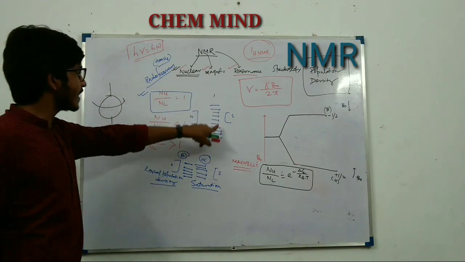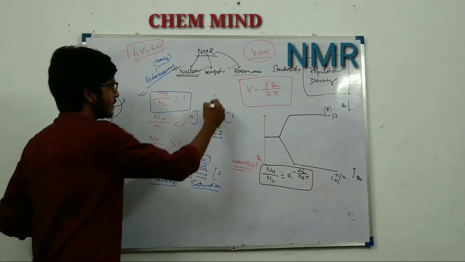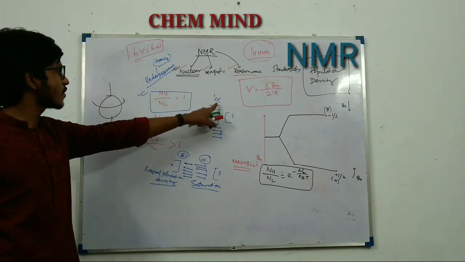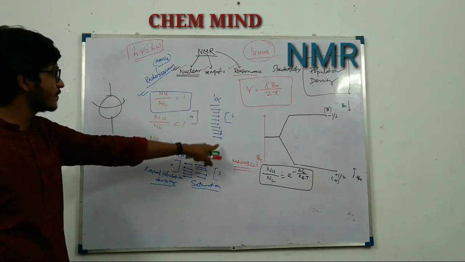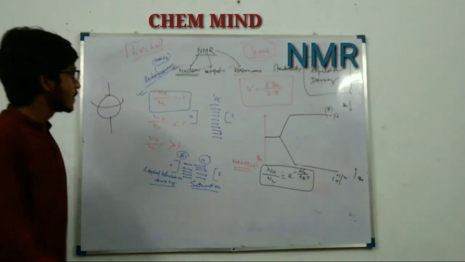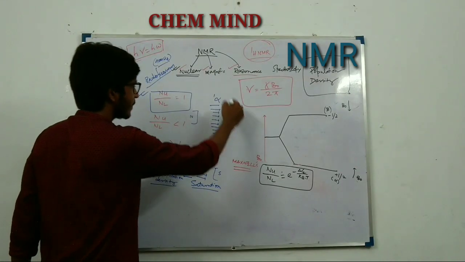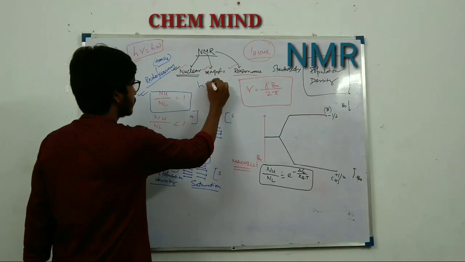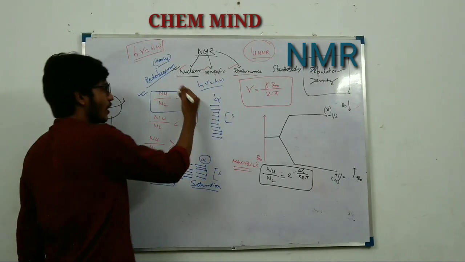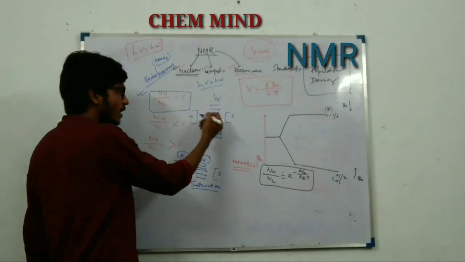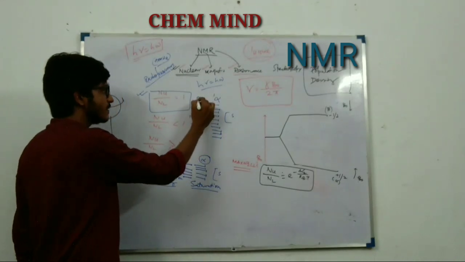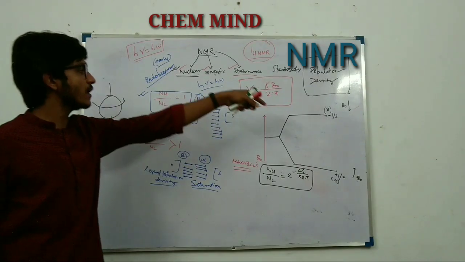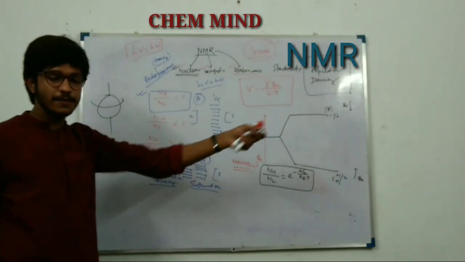All 10 nuclei are present with the field, meaning the alpha state consists of all 10 nuclei. After some time, when h nu is equal to h omega, all 10 nuclei come against the field, meaning the beta state. So this does not actually give a high resolution peak.